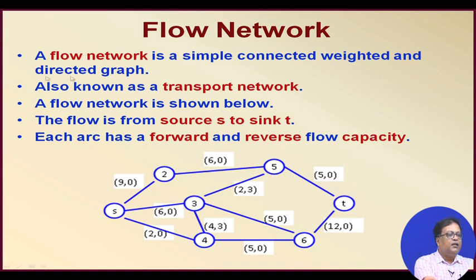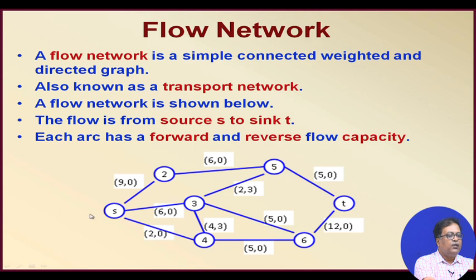That is how it becomes a directed graph, because if you go S to 2 the capacity is 9, and if you go in the reverse direction, that is 2 to S, the capacity is 0. There are also some arcs like 3 to 5. A flow of 2 is possible from 3 to 5, but a flow of 3 is possible from 5 to 3. So, that is what the weight is all about, and that is how the direction comes in. So, this is a flow network.